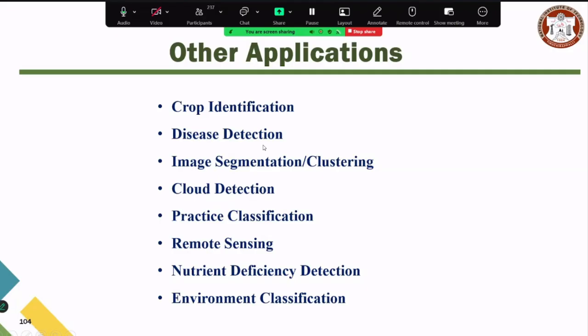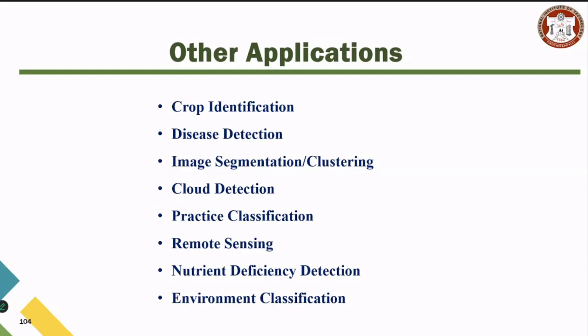This is what we have discussed under healthcare, image segmentation and clustering, grouping, what kind of image it is, then cloud detection, classification, remote sensing, where a landslide will come, weather predictions, nutrition deficiency detection from newborn babies, any particular gender, even environment classification, whether the environment is suitable for agriculture, cultivation, or living, or what kind of environment it is going to be.